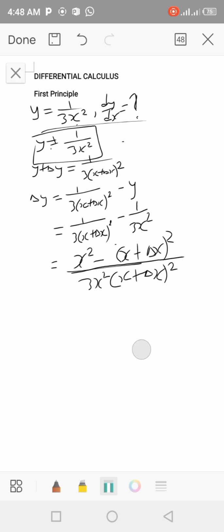So I combined the fractions, that is subtraction of fractions.